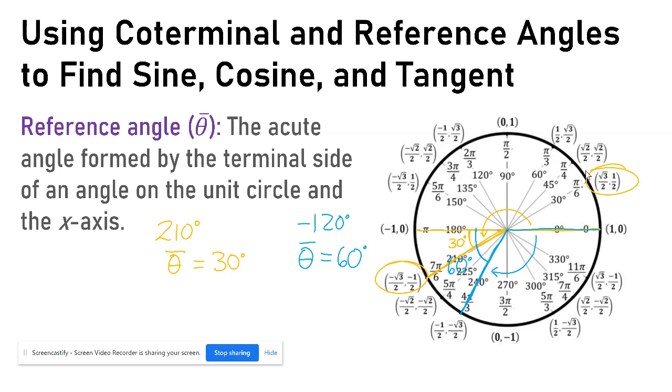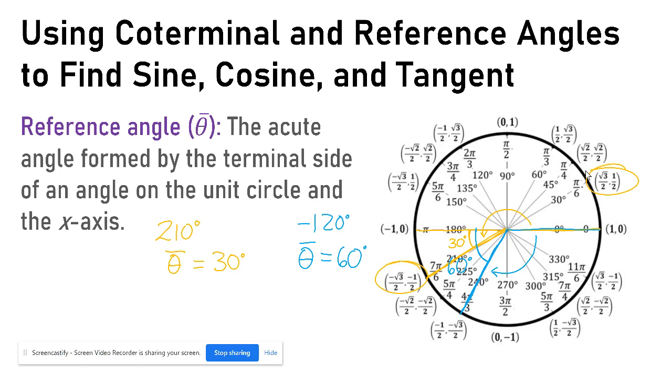The same thing's going to happen with the negative 120 degree angle and its reference angle at 60. You're going to get the exact same absolute values for sine and cosine and tangent. The only thing that would change is the signs. So the reference angles are kind of what's determining all these other angles on the unit circle.